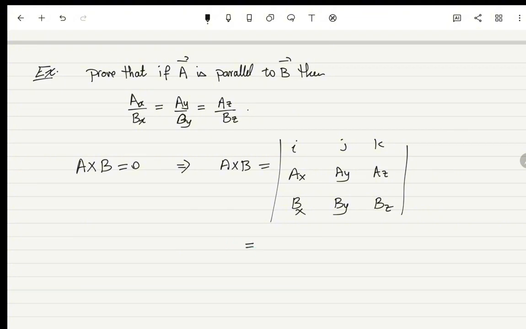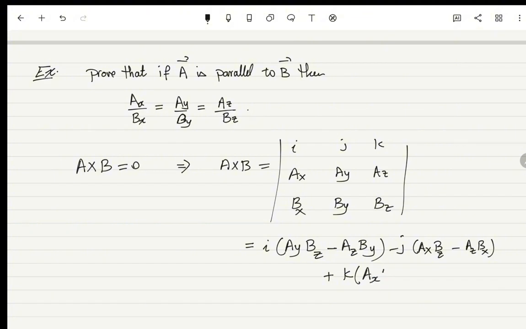We will find that I times (AY BZ minus AZ BY), minus J hat times (AX BZ minus AZ BX), plus K times (AX BY minus AY BX), all equal 0.